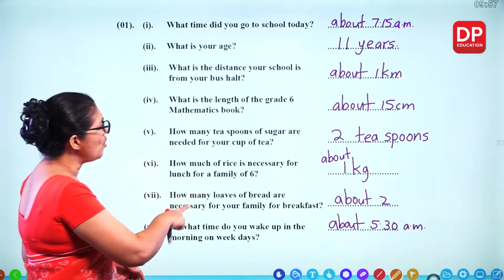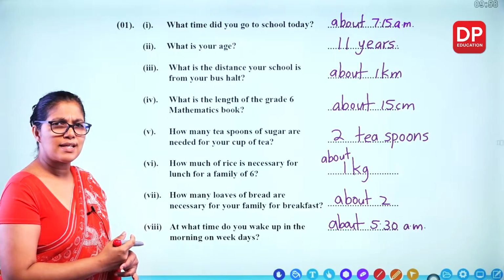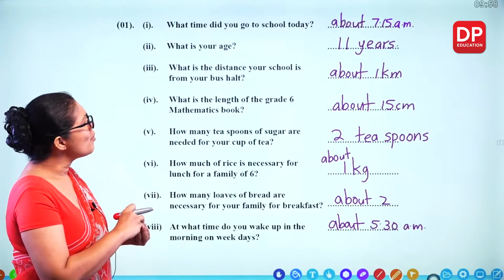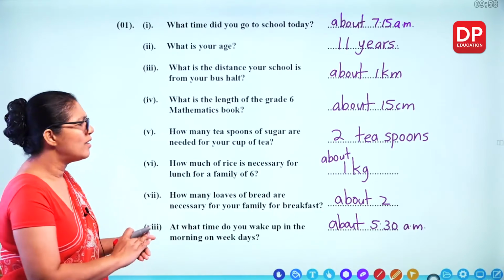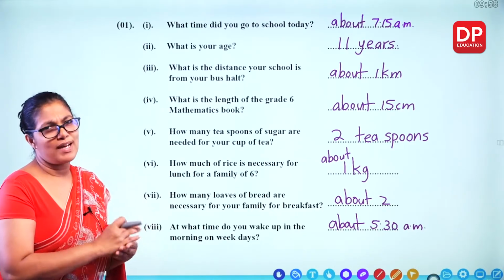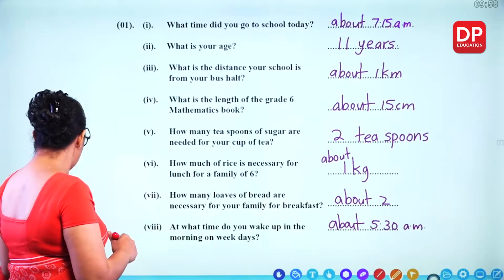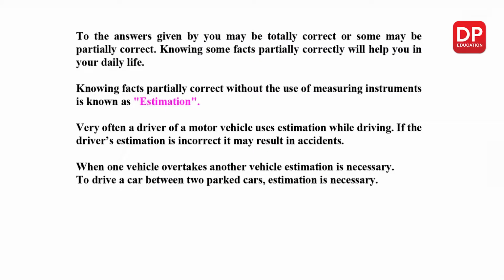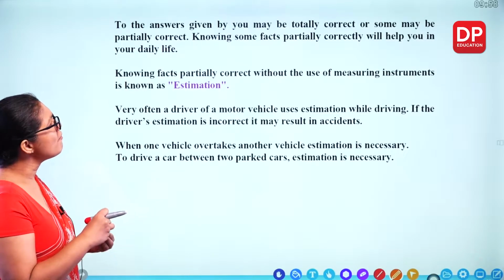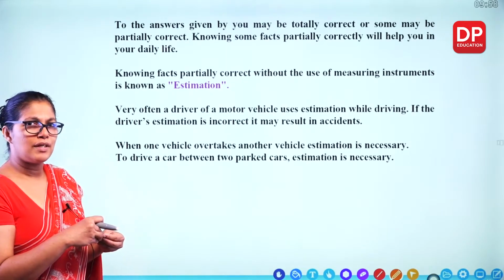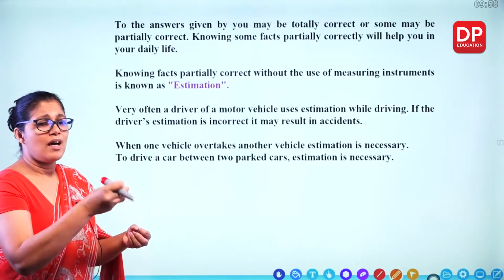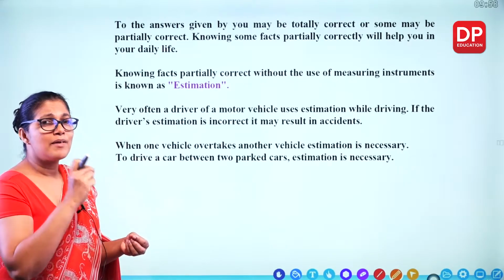So when you look at all these questions, you don't need to measure the values, you say roughly. All these are not exact values. The answers given by you may be totally correct or some may be partially correct. Knowing some facts partially correct will help you in your daily life, because otherwise you have to measure how many grams are there.